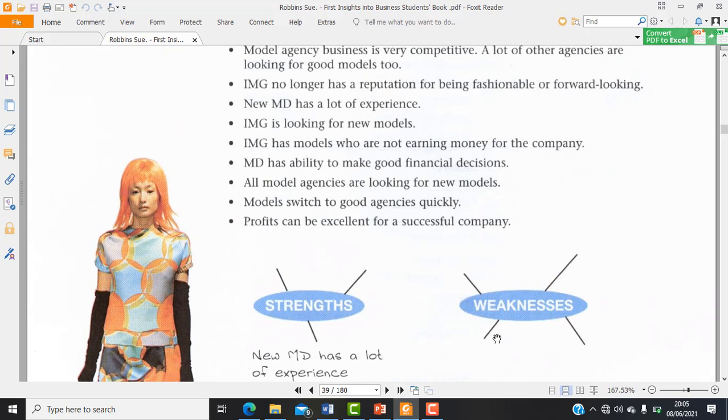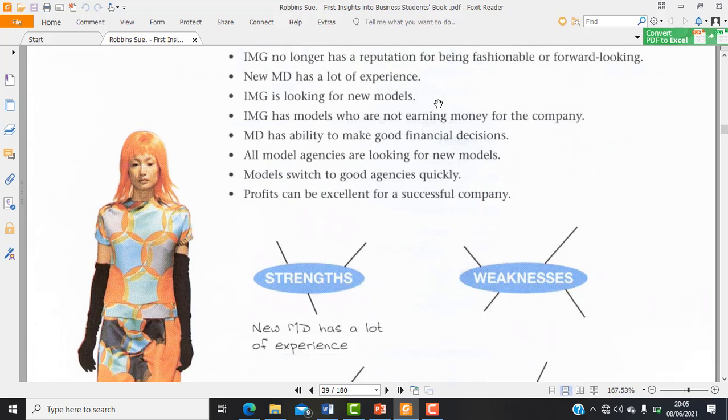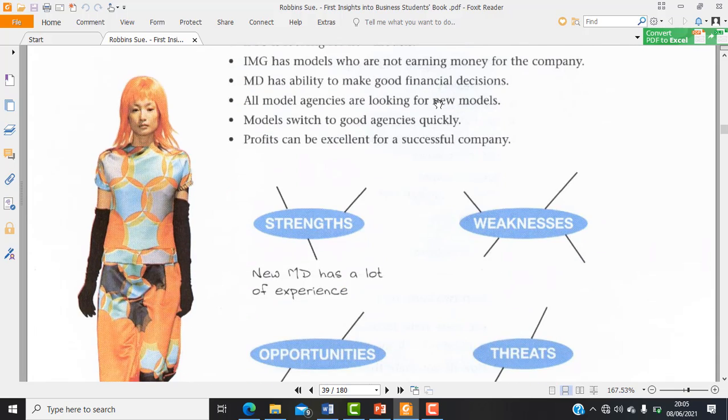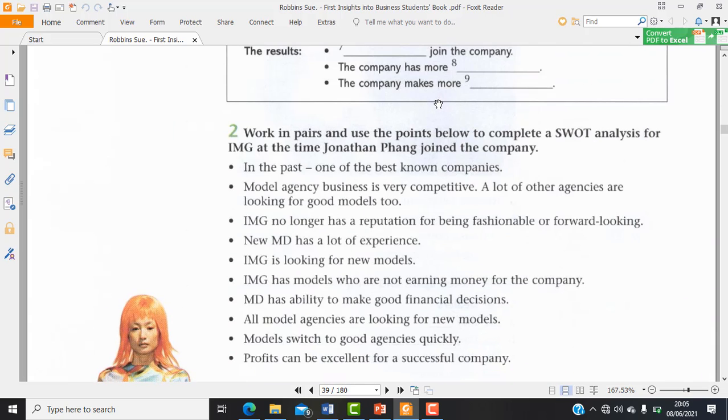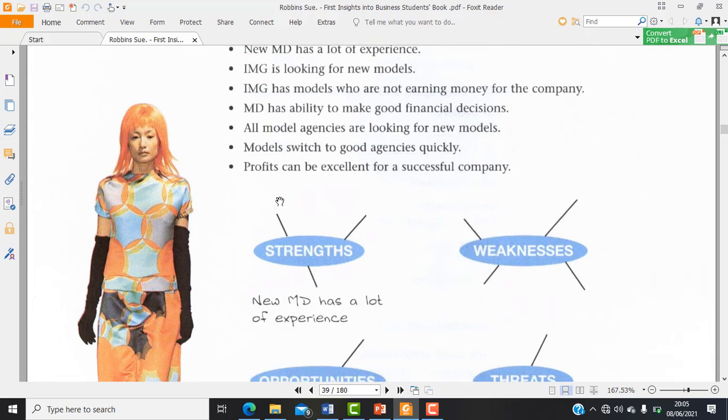Okay, let's go. In the past, one of the best known companies. Jadi di masa yang lalu sebagai perusahaan yang terbaik. Kira-kira maksudnya kemana? Strength, weaknesses, opportunities, or threats. In the past, one of the best known companies. I think it goes to the strength. Karena why I answer this one?